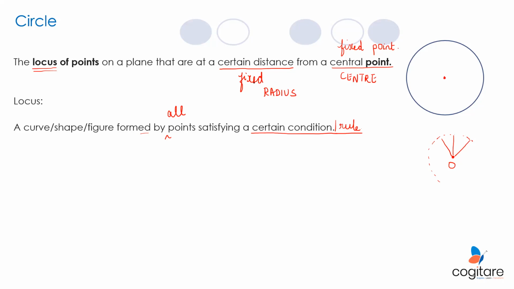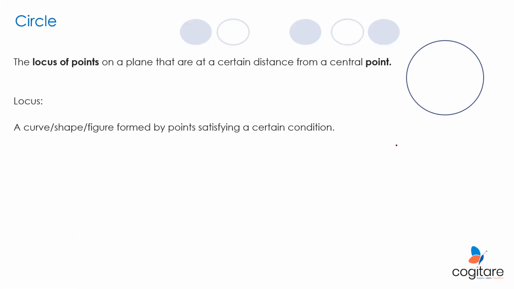Okay, so we can actually define a lot of the 2D shapes using the concept of a locus, right? When you study about quadratic equations, I think you know that the curve you get when you plot a quadratic equation is a parabola, right guys? I hope you remember that.